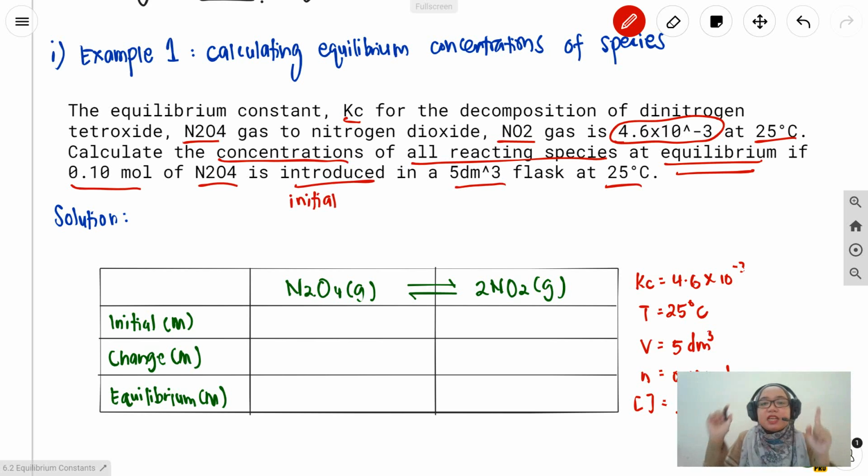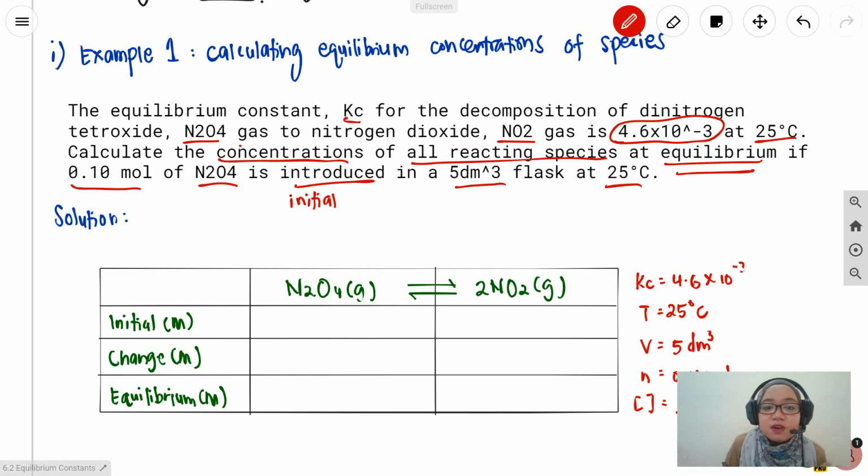So what is the first thing that you need to do? The first thing is to write the balanced chemical equation. Here, the dinitrogen tetroxide gas is decomposed into nitrogen dioxide gas.